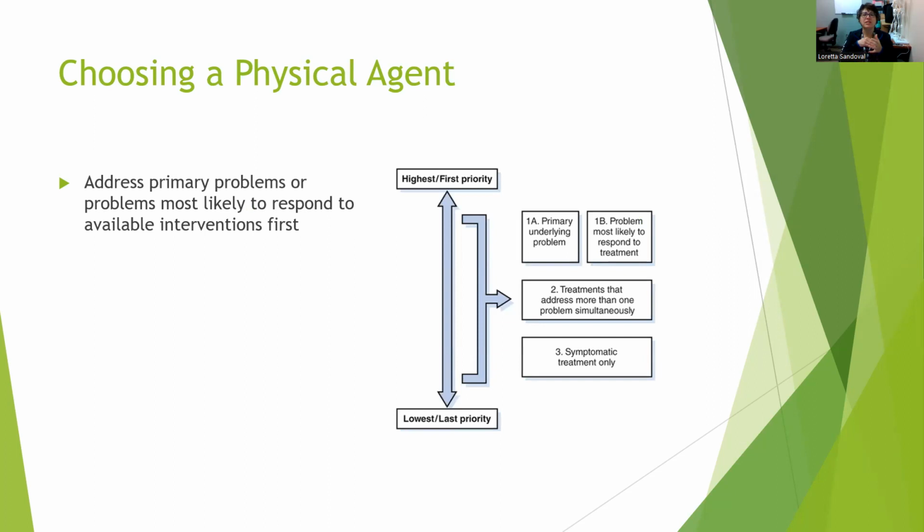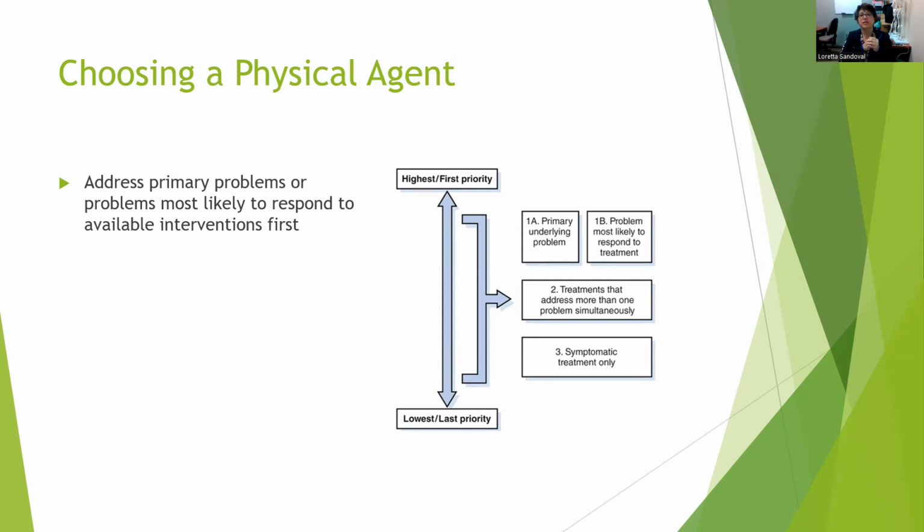So when we're choosing a physical agent that we're going to use, we're going to take a lot of things into account. We want to be able to choose an agent that either addresses the primary problem, or the problem is most likely to respond to the intervention.